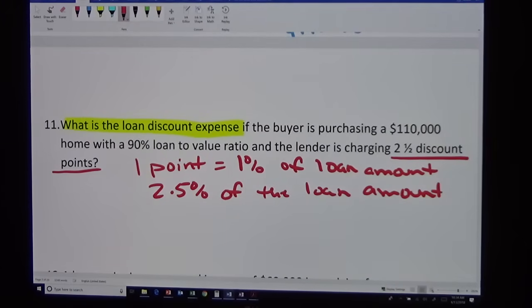Well, look at that picture. What are we missing? Looks like to me we're missing the loan amount. We don't know how much has been borrowed, so we need to calculate. $110,000 times 90% loan to value is $99,000.